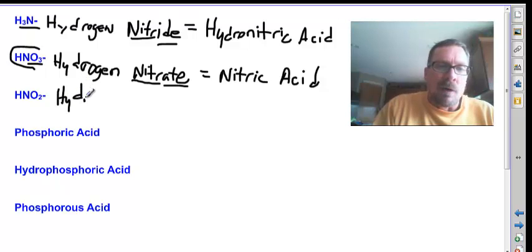And I recommend always writing it out until you get very proficient and immediately it's popping into your head what the name is before you change it to its acid name. So hydrogen. Now this one, when I look at this polyatomic ion on my chart, it tells me it's nitrite, IT ending.